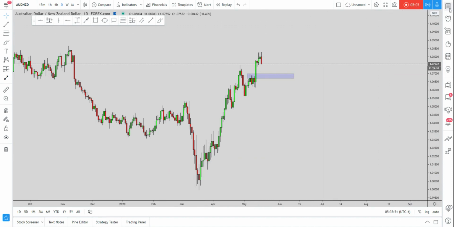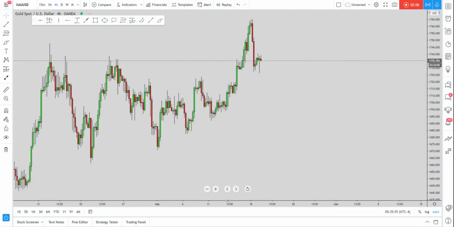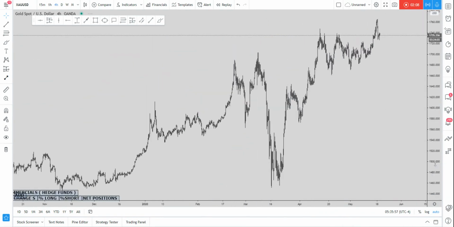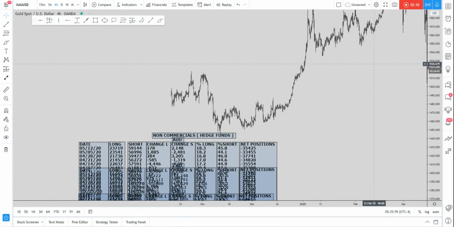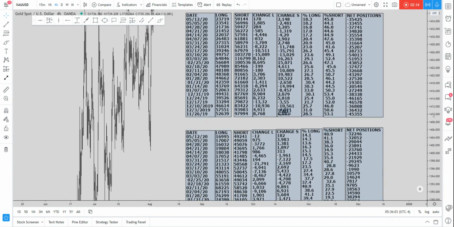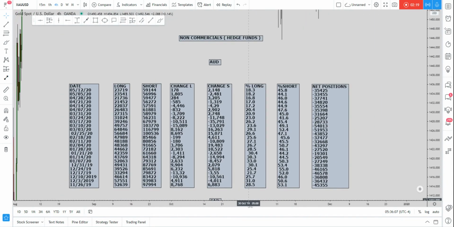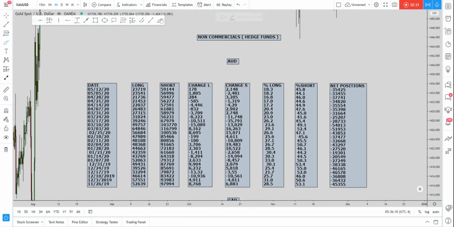Now let's go and see what we have from a COT perspective on the AUD and on the NZD. So basically the positioning of hedge funds on AUD and on NZD. Now let's start from AUD. What kind of situation do we have at the moment? We can see that with the last report, hedge funds have added another 2.1k short positions, bringing net positions to -35k.